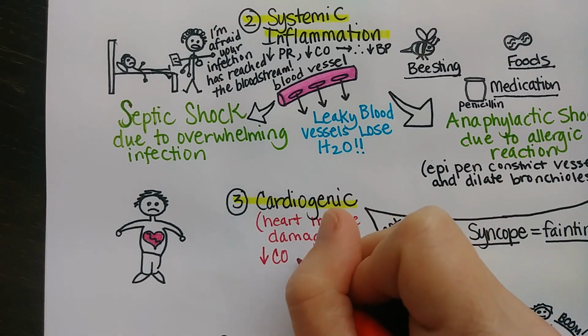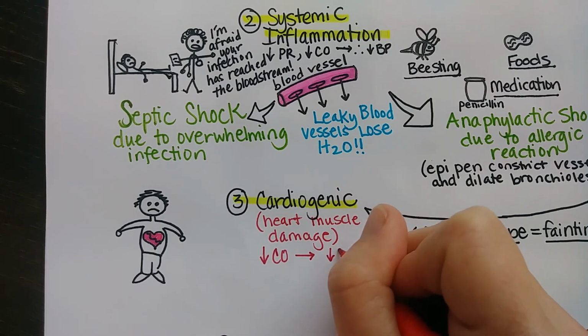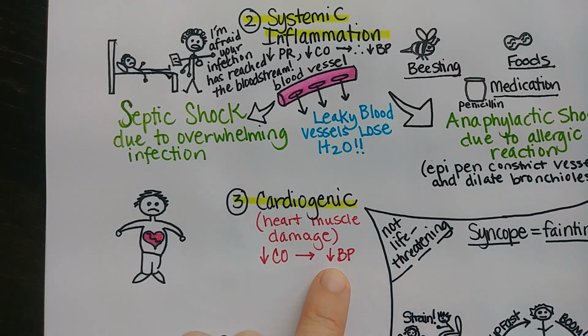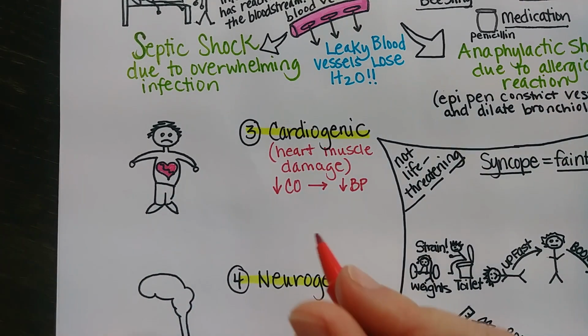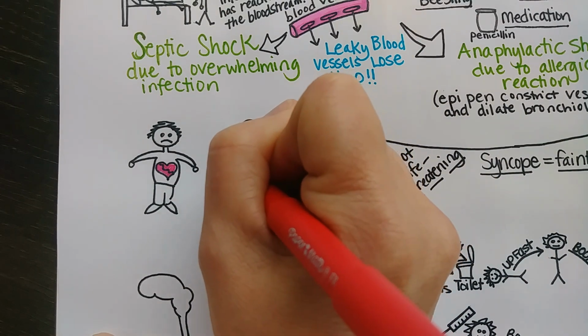But this is going to decrease blood pressure because in order to increase blood pressure, you need to have adequate cardiac output. So if the heart is no longer pumping enough blood, then you're going to see a decrease in blood pressure.